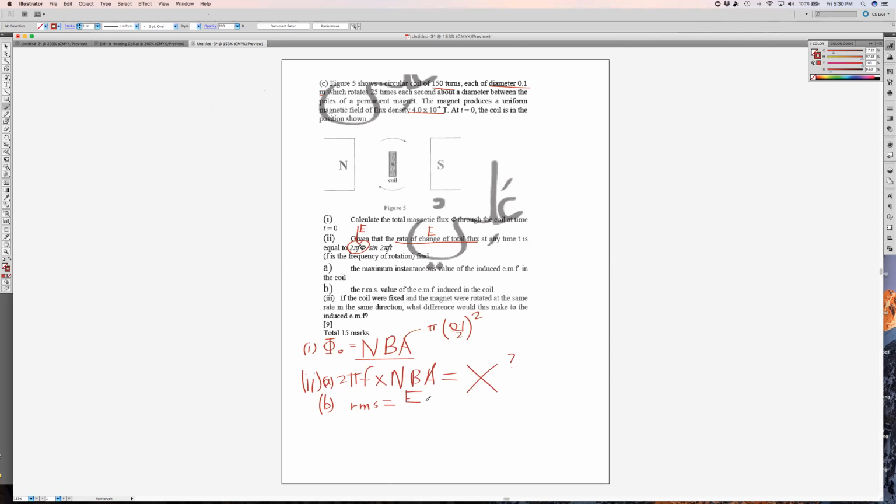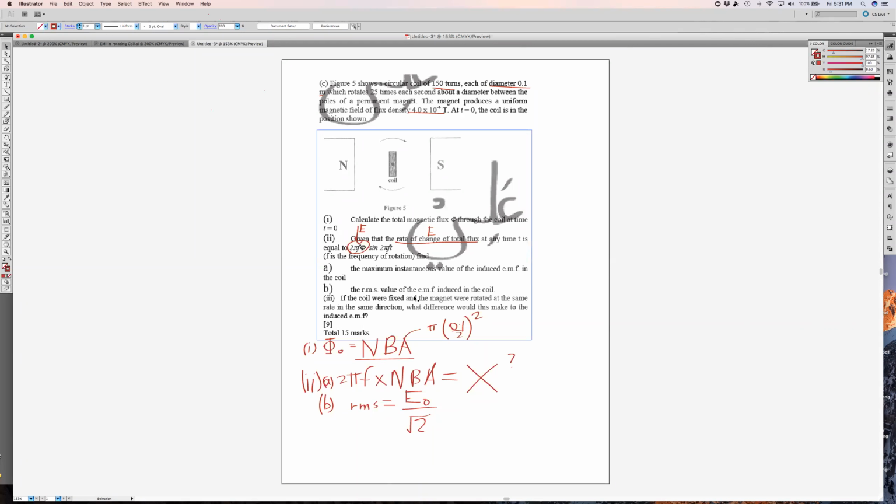It's really E0 divided by root 2. That's what the RMS value is by definition. We'll deduce why in unit 2, but by definition, the RMS value is the peak value over root 2 for a sinusoid.